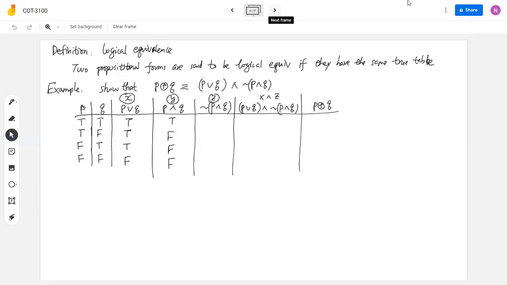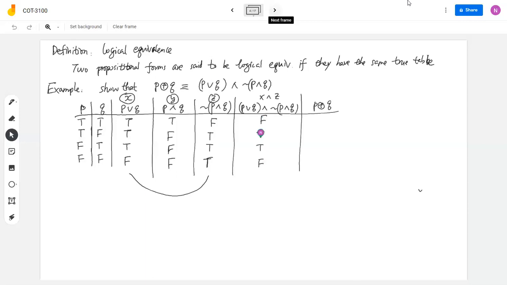It is very basic, and we are not doing anything fancy. This Z is the negation of P and Q, so just the negation of the previous column. So it is F, T, T, T. And now I want to AND these two columns, and we are going to see this is F, this is T, this is T, and this is F.